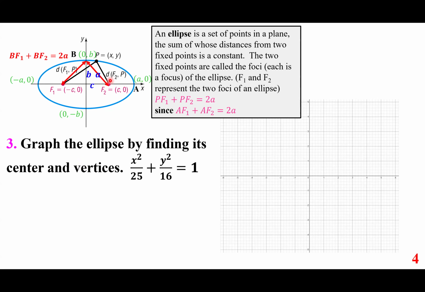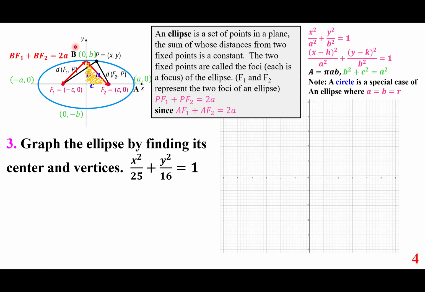So if this distance is A and this distance is C, I want you to look at this right triangle. This distance from the center to focus is C. By definition, the distance from the center to the y-intercept is B. So that means B squared and C squared add up to A squared.